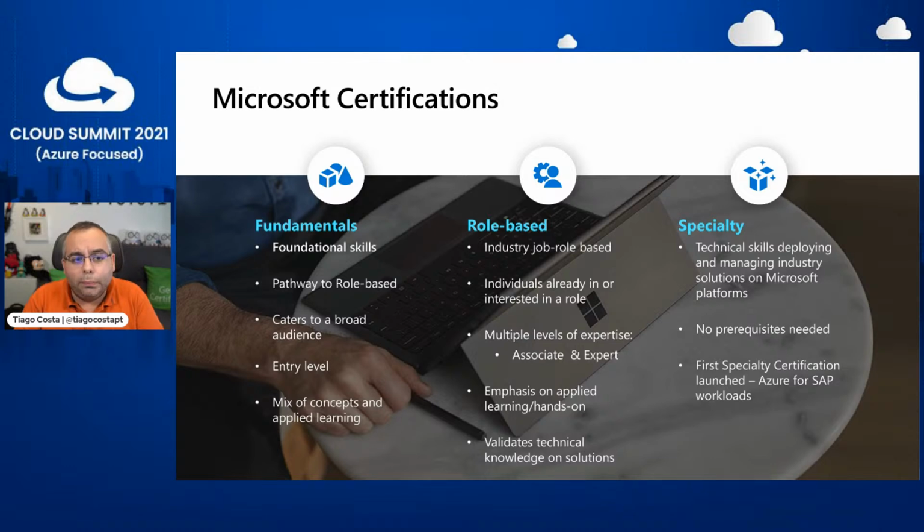Like, for example, Azure for SAP workloads. You have an SAP workload. Hey, great. We need to run that on Azure. And look, that's specific to the SAP world. So it didn't make sense to create an associate certification for that. Definitely not an expert one. So they created this other level, which is the specialty.